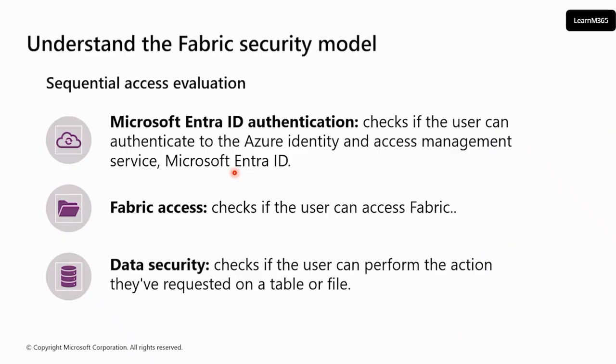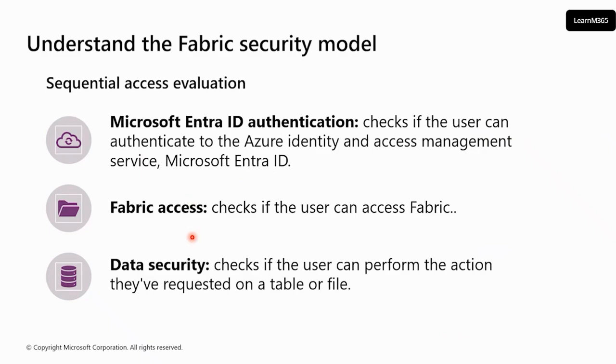If there is no identity, there is no entry. This is your first line of defense, just like scanning our ID badge to enter the office building. This is what Microsoft Entra ID authentication checks.